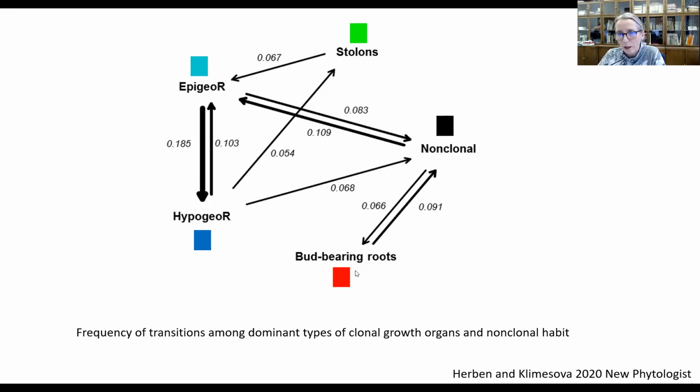From non-clonal plants, it may develop or go back rather easily, or it may go from non-clonal plants to plants with epigeogenous rhizomes, and then other types of rhizomes or stolons or back to non-clonal plants. But these stem-derived types of clonality are separated from the root-derived type of clonality.